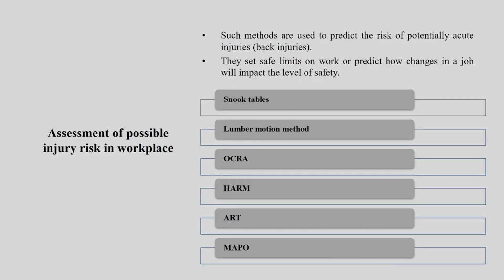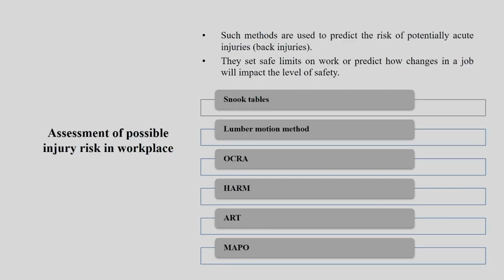Then we are going to talk about OCRA, HARM, ART and MAPO. All these methods are used to predict. What is the prediction? What are we going to predict over here? We are going to predict the risk probability of potentially acute injury.